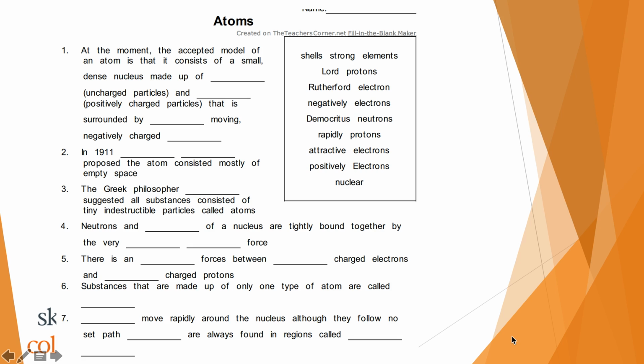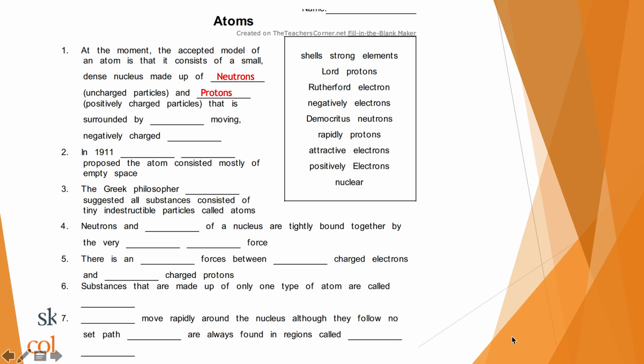At the moment, the accepted model of an atom is that it consists of a small, dense nucleus made up of blank, which are uncharged particles. So what are the uncharged or no charged particles? Should be neutrons. And blank positively charged particles. So what particles are positively charged? Protons.